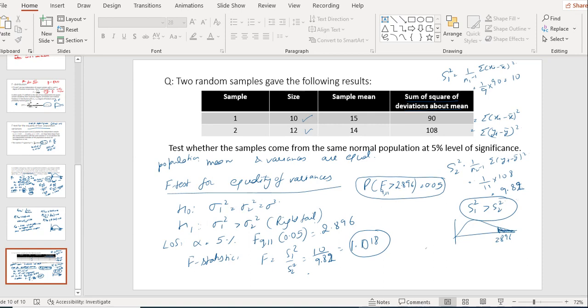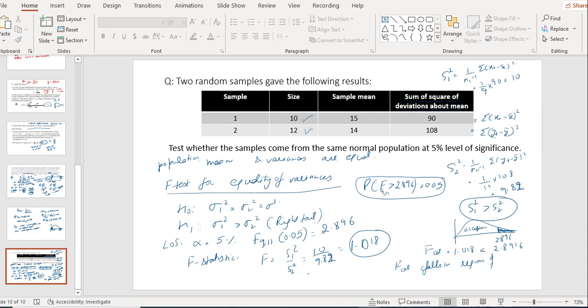Now because the F calculated is 1.018, which is less than 2.896, it means that F calculated falls in the region of acceptance, because 1.018 falls in the acceptance region only.